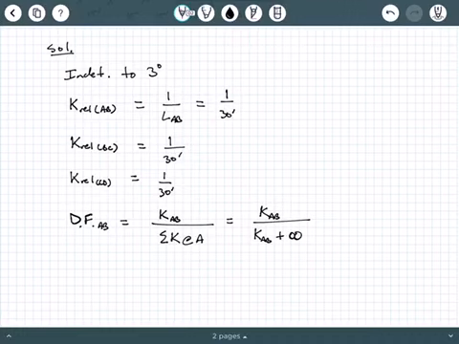Infinity is coming from the fact that it's a fixed connection. So this is 0.